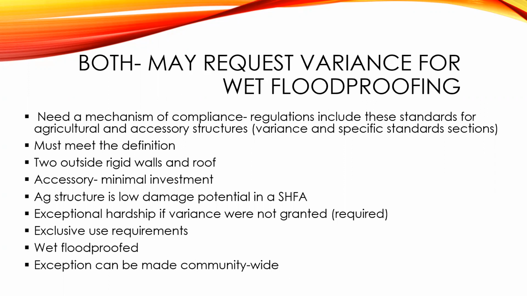You can get an exception community-wide to allow for wet floodproofing of ag structures without the variance. And this is based on the new guidance from FEMA. I have yet to see an application for that, and FEMA doesn't have any examples for me. So if you do apply for that, or if you know of an application, I would really like to see it because I don't entirely know what they're looking for, like how in depth.